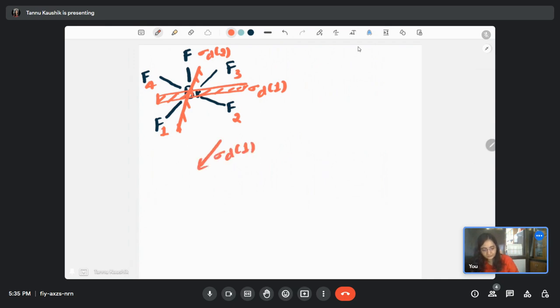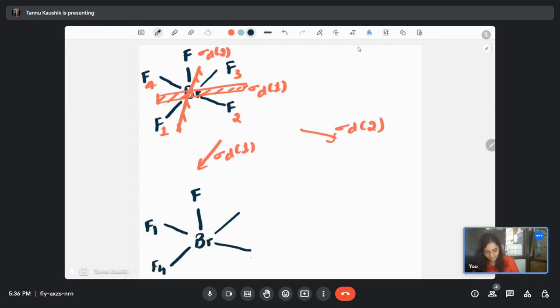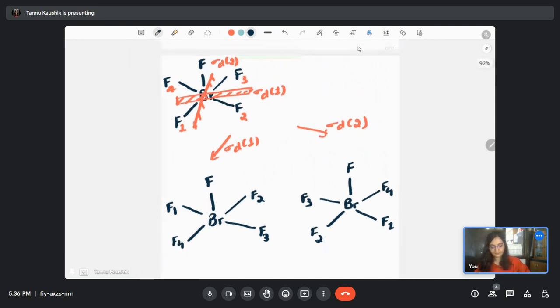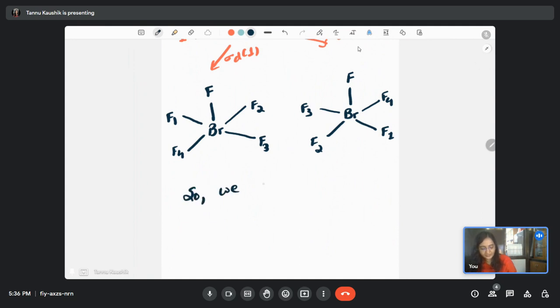So what are the configurations we get after performing these operations? So we have two dihedral planes.